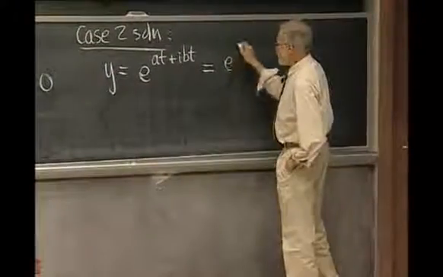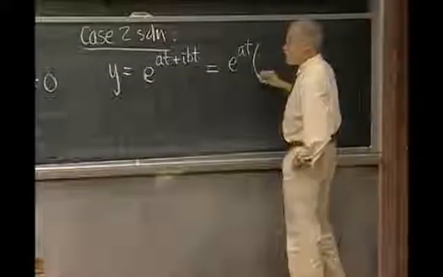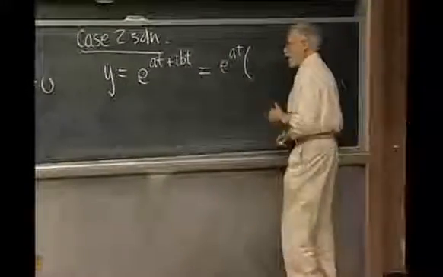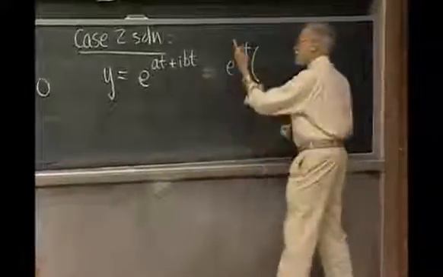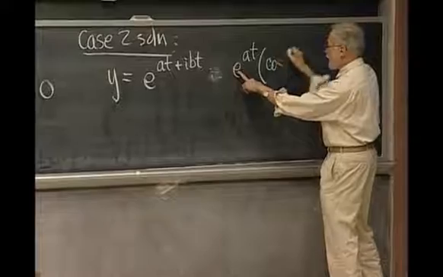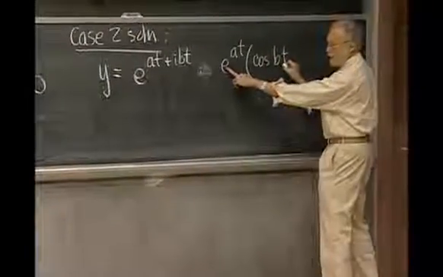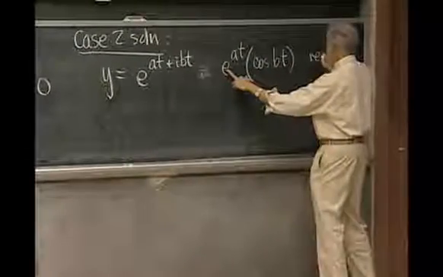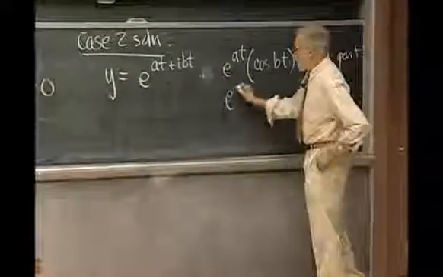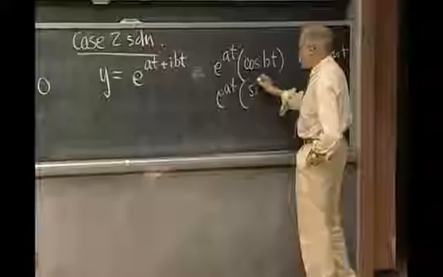That's e to the at times... well, the real part is, let's write it this way. The real part is e to the at times cosine bt. Notice how the a and b enter into the expression. That's the real part. And the imaginary part is e to the at times the sine of bt.